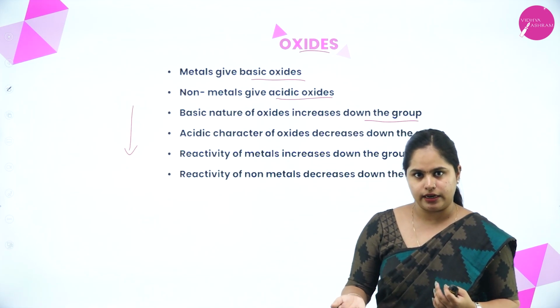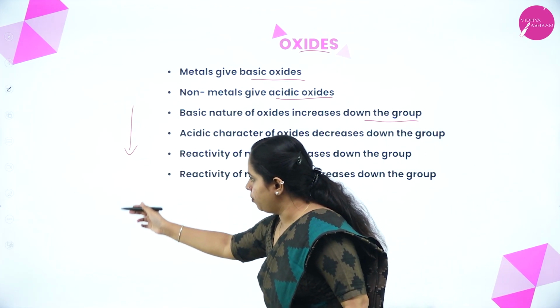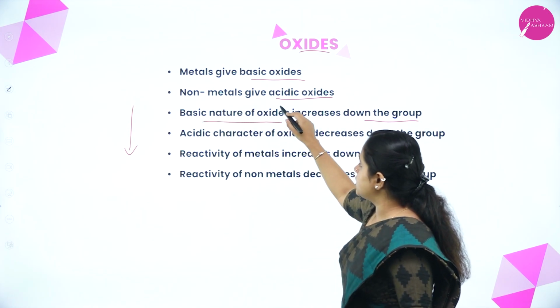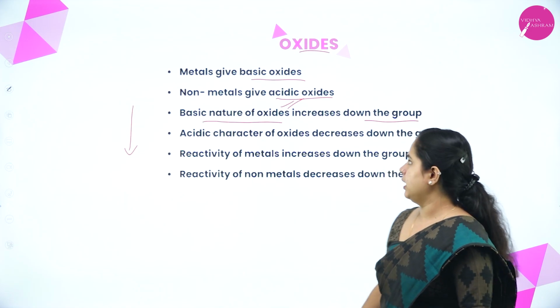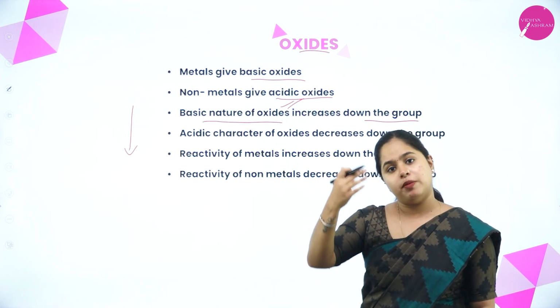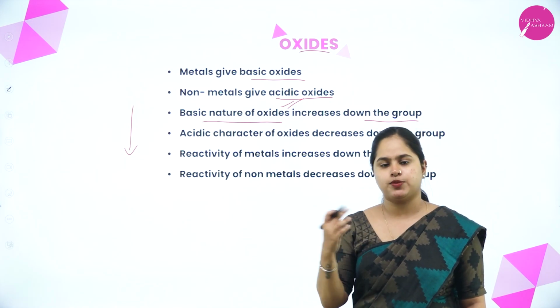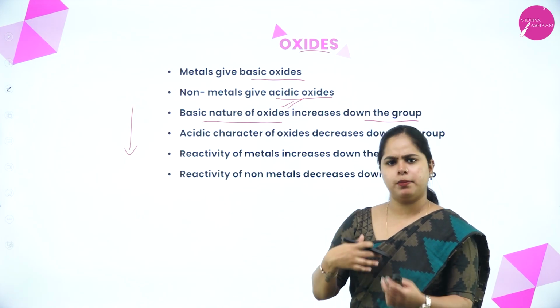Hence the metallic character increases. If the metallic character is increasing as we move down the group, that means the basic nature of oxides will also increase down the group. If the basic nature of oxides is increasing down the group, it will be decreasing along the period, just the opposite.